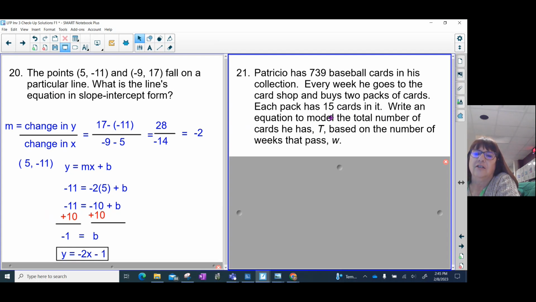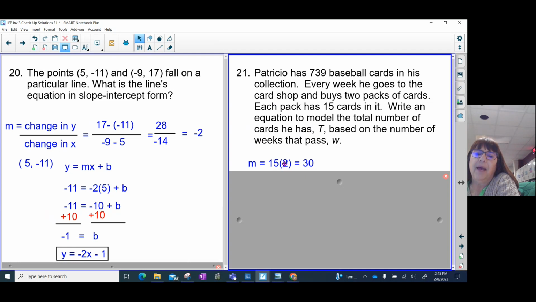He's getting 30 cards. So they want us to find the total number of cards he has, T. So T is our total number of cards based on the number of weeks that have passed. And we're going to use a W for the number of weeks. So we're going to look at our slope. Again, I talked about this.